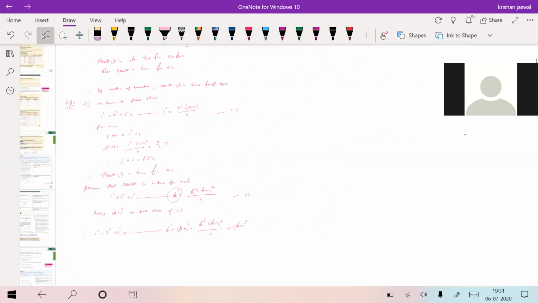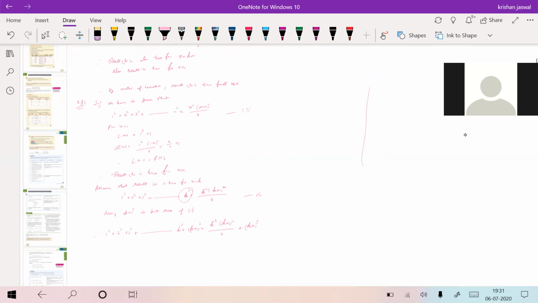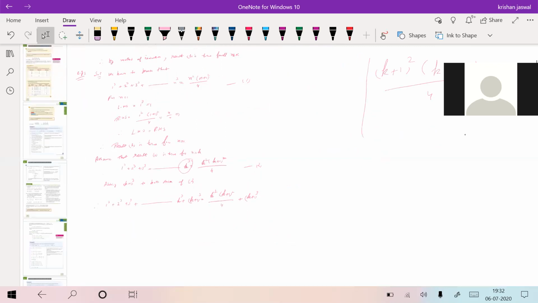And what will our result be here? Put k plus 1 in place of n: k plus 1 whole square into k plus 1 plus 1 whole square over 4. This should be our result on the right hand side.